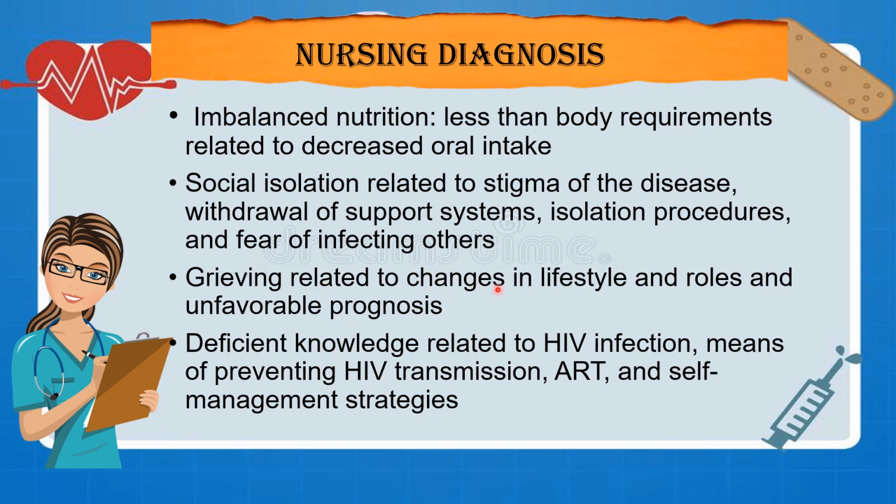Grieving related to changes in lifestyle and roles and unfavorable prognosis. Another one is deficient knowledge related to HIV infection, means of preventing HIV transmission, ART or antiretroviral therapy, and self-management strategies.